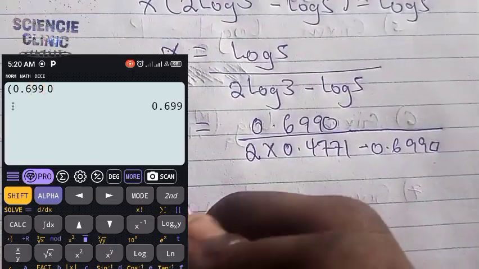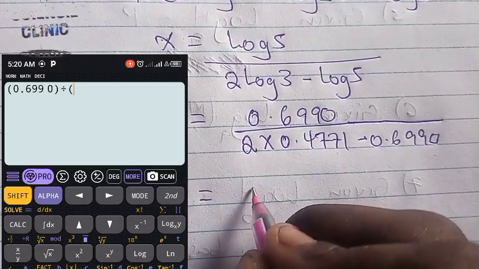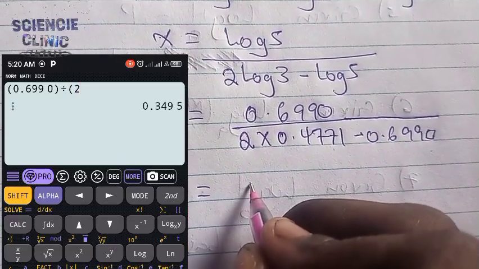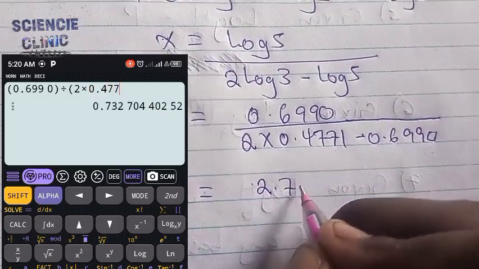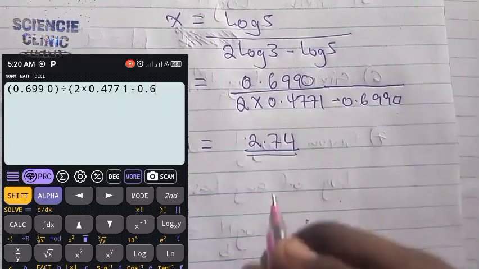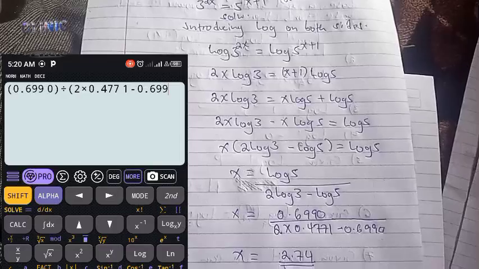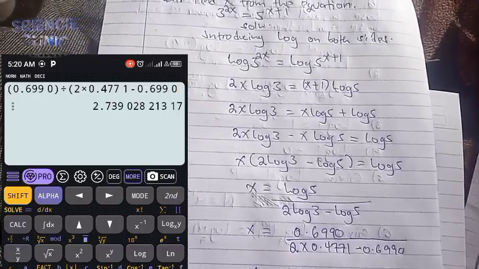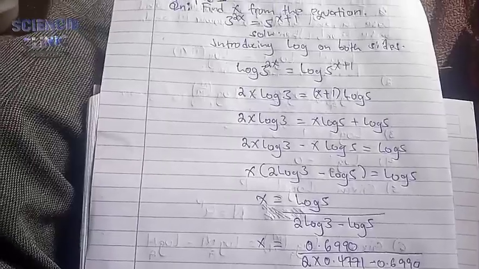Then the remaining part is just simple mathematics. After putting all of that on a calculator, you are going to have something like that. This is your value of x. That is the solution for our task.